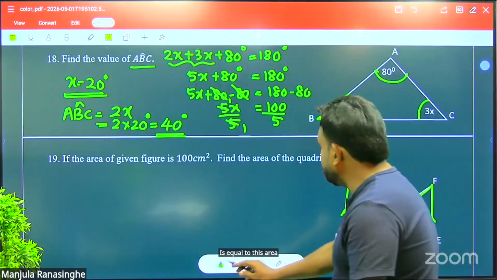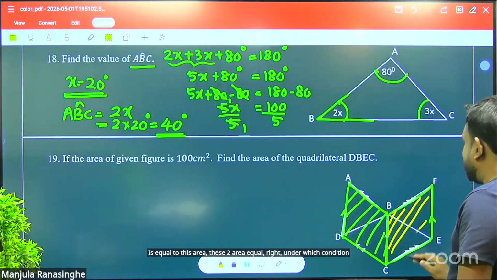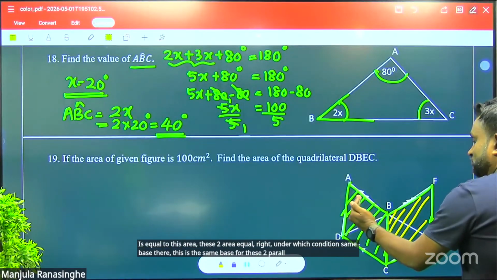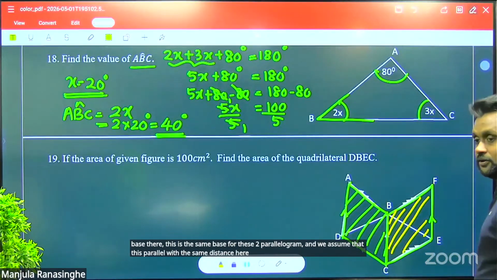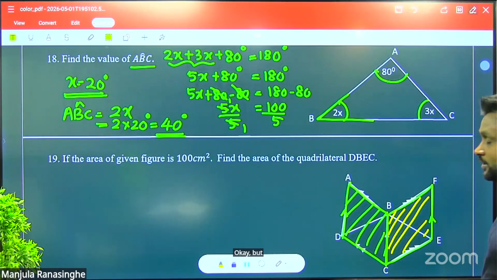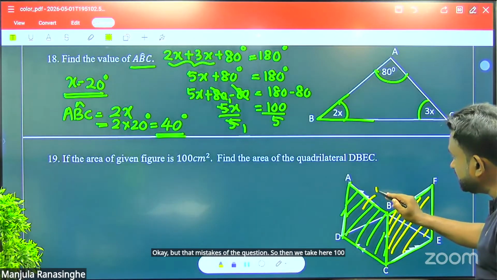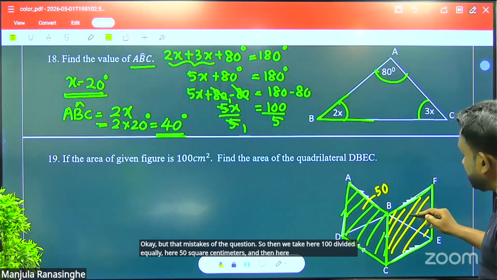These two areas are equal under which condition? They have the same base, this is the same base for these two parallelograms, and we assume the parallel lines have the same distance. But that is a mistake of the question. So we take 100 divided equally, 50 square centimeters here, and 50 square centimeters here.